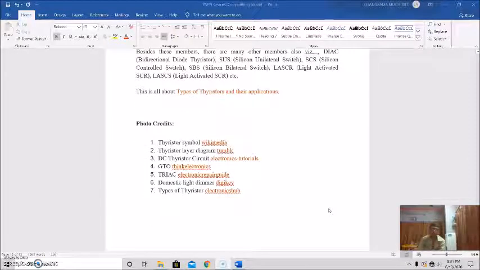Now it's necessary to acknowledge where I have taken the photos. The photo credits: thyristor symbol, Wikimedia; thyristor layer diagram from Tumblr; DC thyristor circuit, Electronics Tutorials; GTO on Think Electronics; TRIAC on Electronic Repair Guide; domestic light dimmer, GZK; types of thyristors, Electronics Hub.